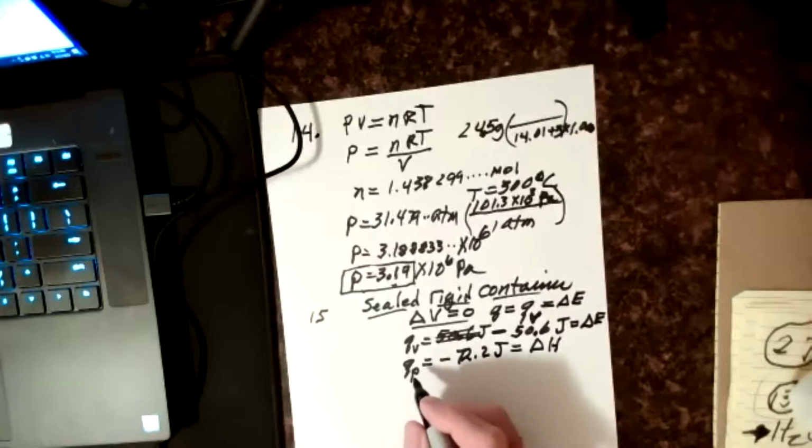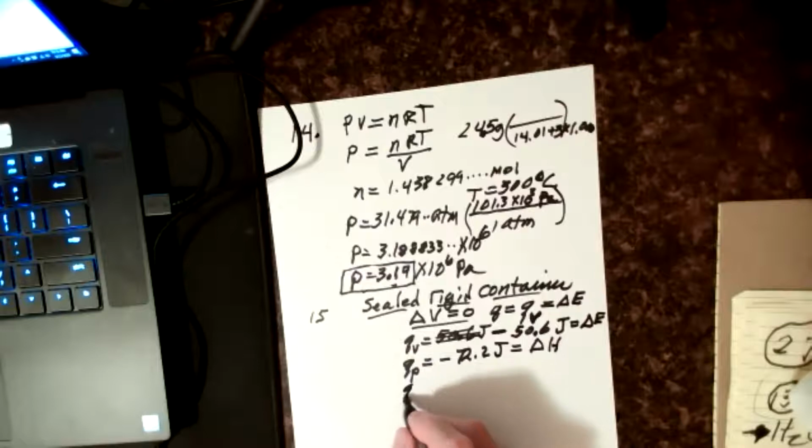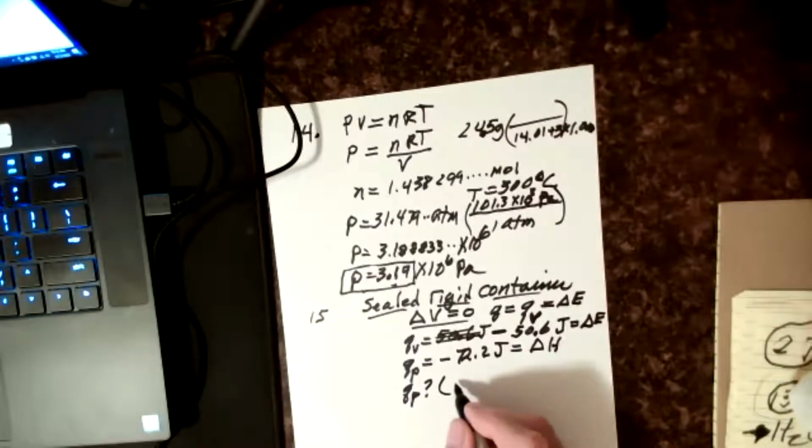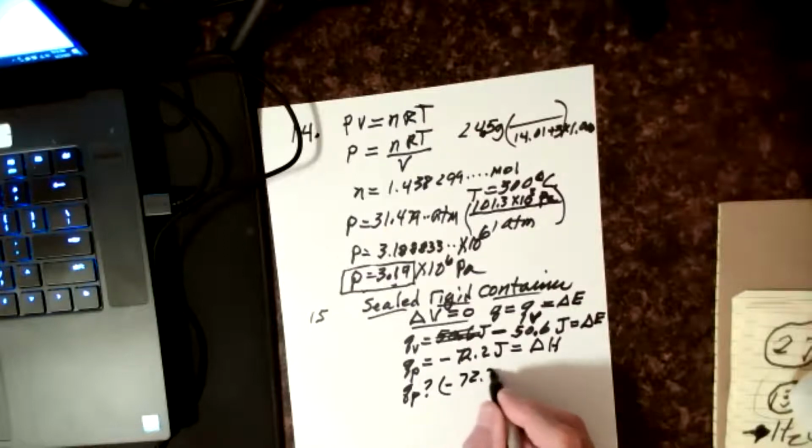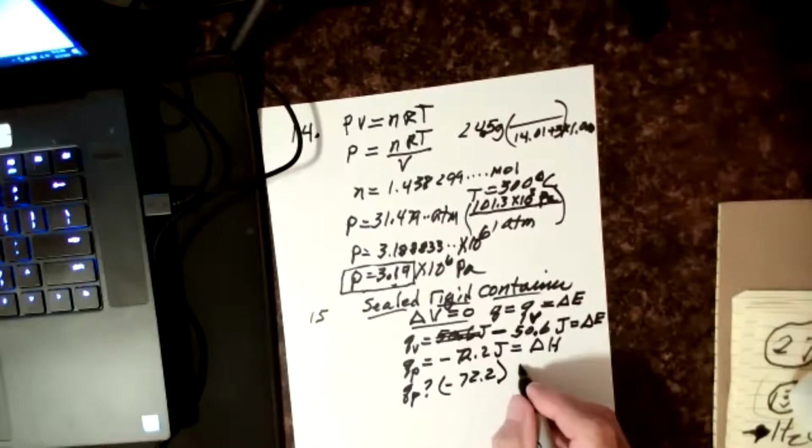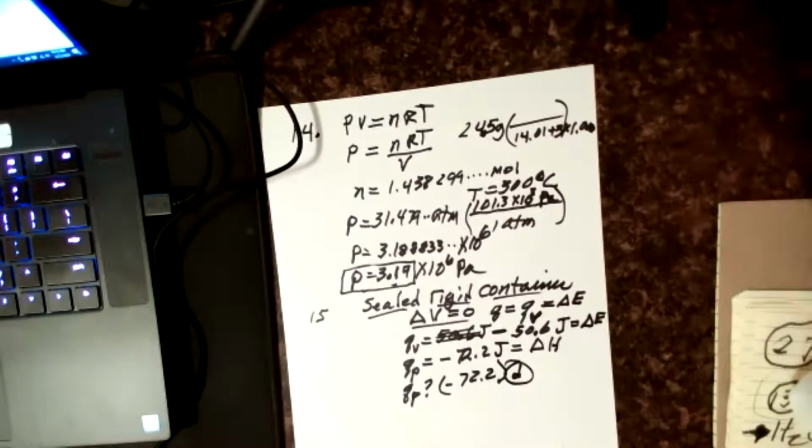This one's kind of meant to be a curve raiser because it asks what is Q at constant pressure. Well, I just have to read the problem, minus 72.2. And that's going to be D on that test.